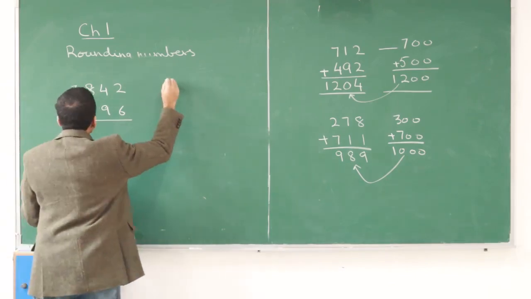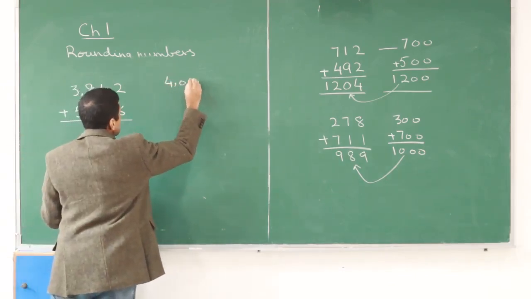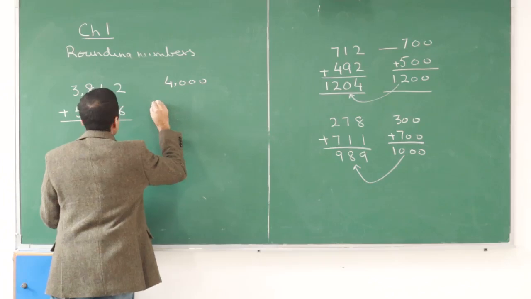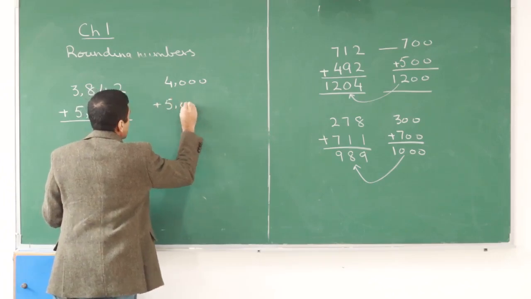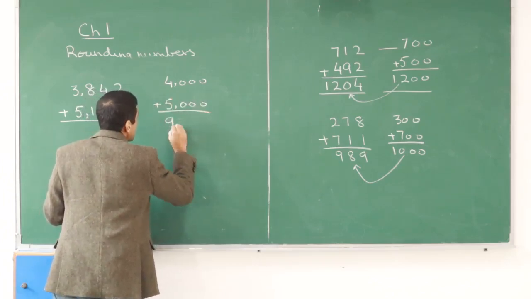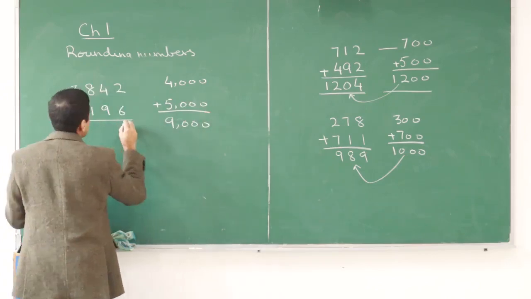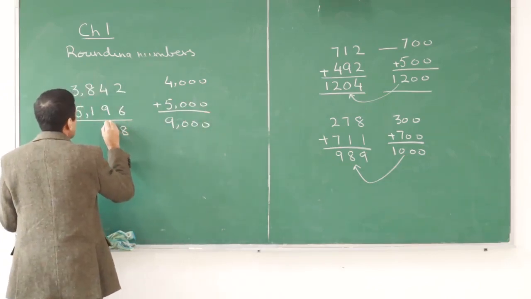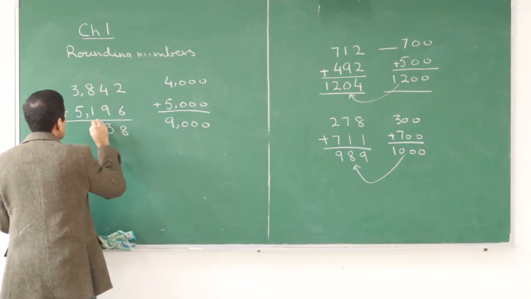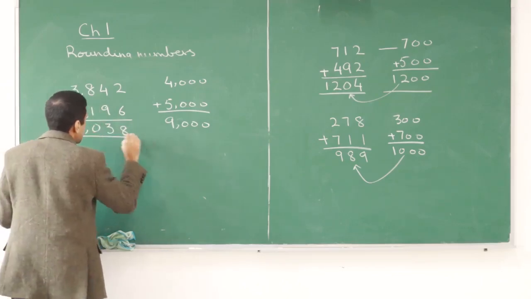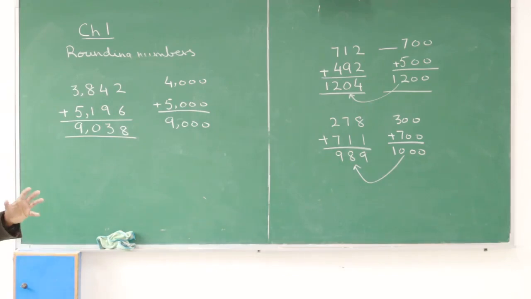You estimated 4,000 plus 5,000, and the answer turned out to be 9,038: 8 and 4 is 13, 3 carry 1, 9 and 1 is 10, 0 carry 1. I hope I did it correctly, but something like this. So you can see that you got the right answer by estimating to the thousands.